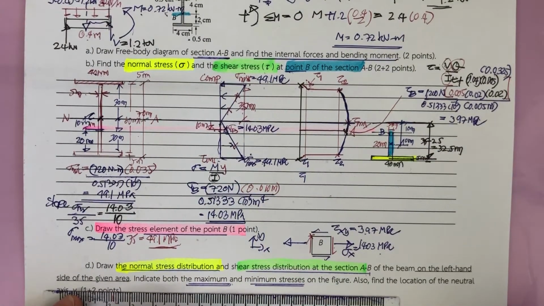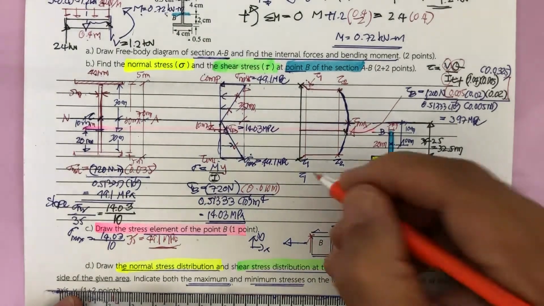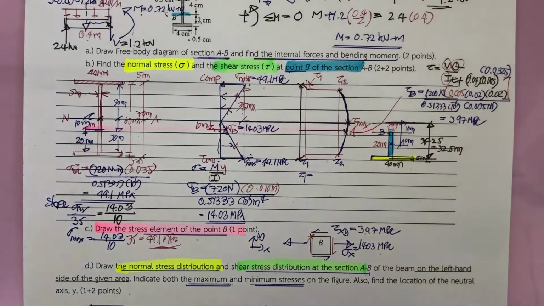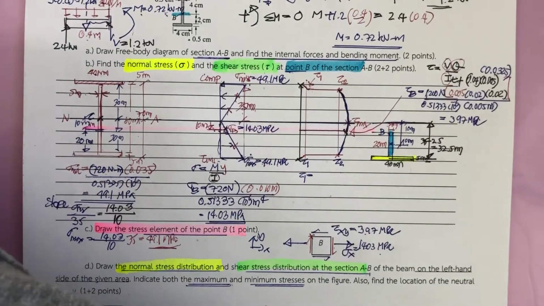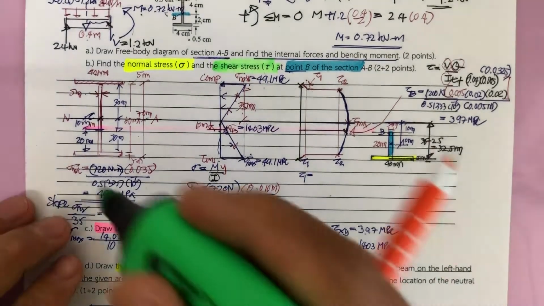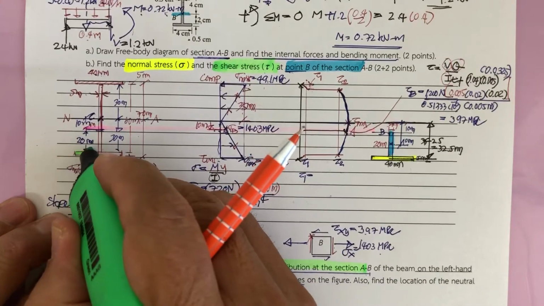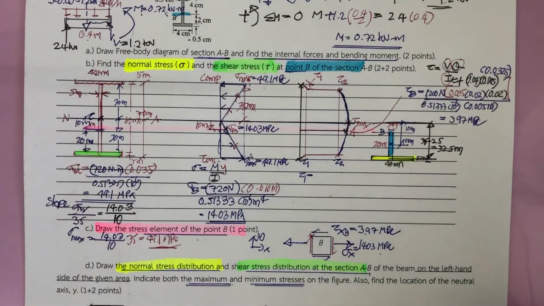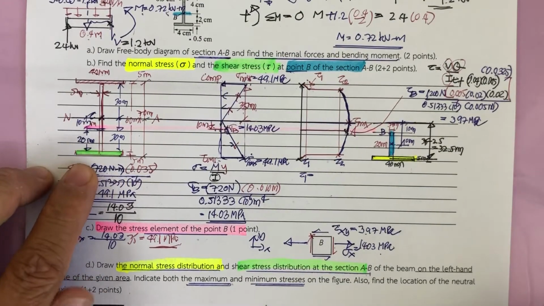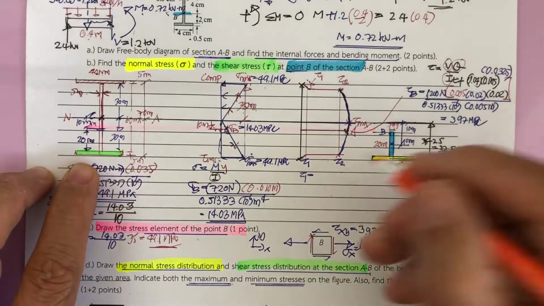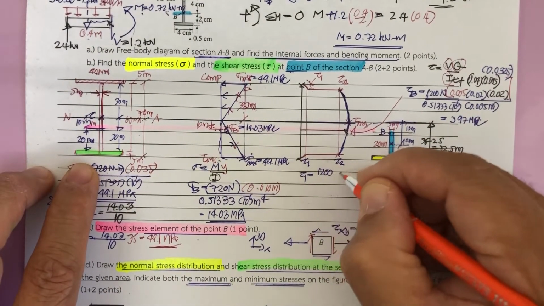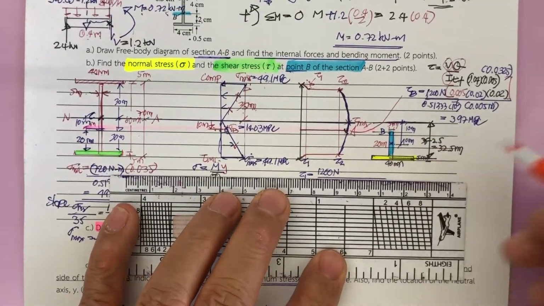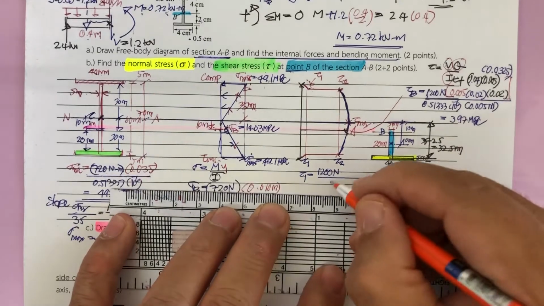Tau sub 1 is based on the computation of V Q over I T of this area. So this is going to be the same thing, 1,200 Newton, and then divided by the same thing, divided by I.